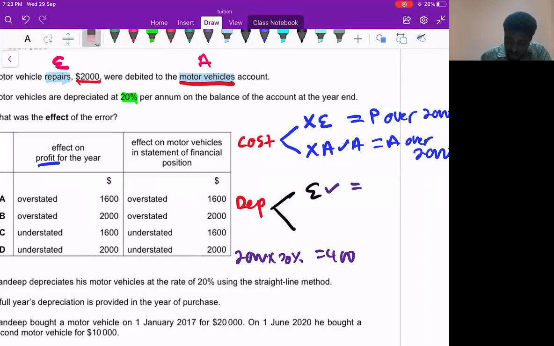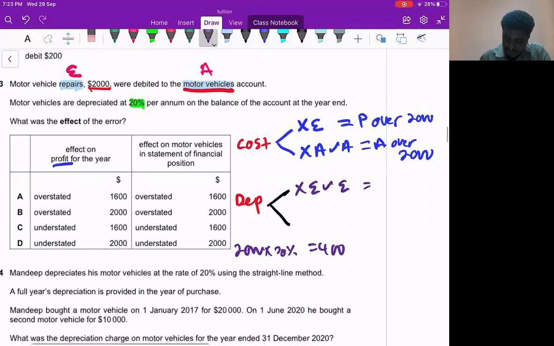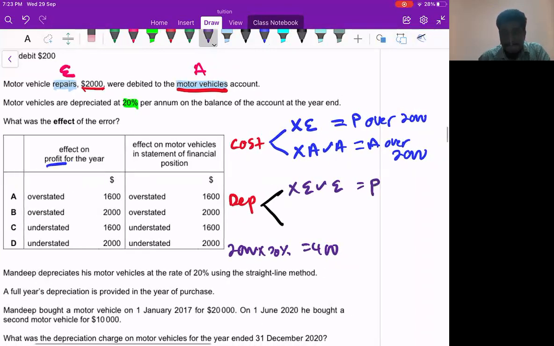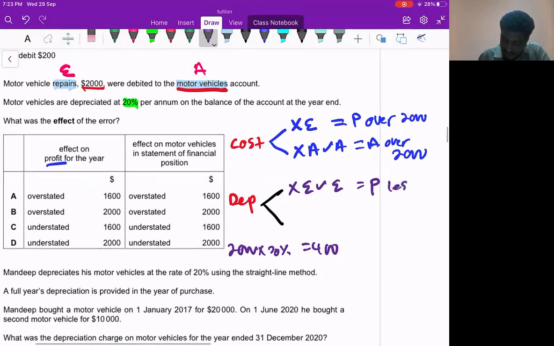But you should not record any depreciation for this. You should not record it as an expense, but you did. So whenever you record it as an expense, your profit will be overstated or understated? It's not an expense, but you recorded depreciation as an expense, so profit is less by 400.